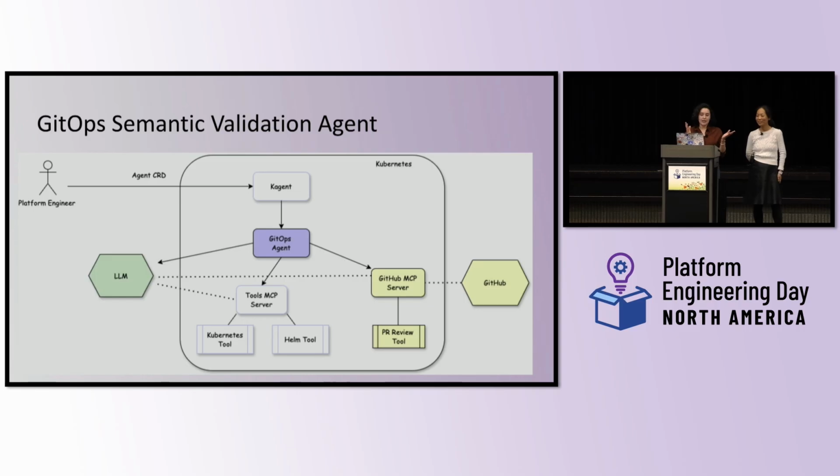Combining intelligent agents with declarative workflows, we can make GitOps truly self-healing, self-reviewing, and self-correcting. We are also trying to improve this agent to do more remediation as code and propose changes to the merge requests in terms of suggestions to implement by the developers, maybe in the next edition of this agent. Thank you, and we'll be happy to take your questions.